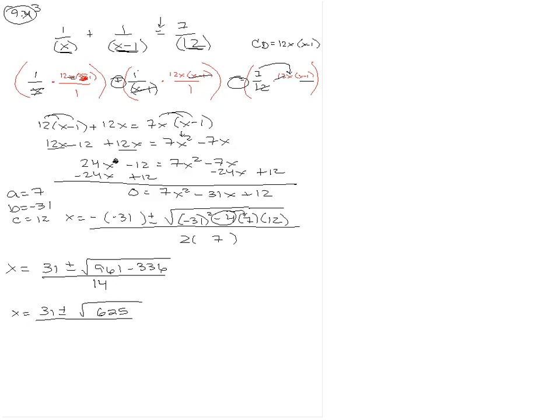All over 14. Now, 625 is a perfect square. It's 25. So I have 31 plus 25 over 14, and I have 31 minus 25 over 14. This one becomes 56 over 14, which is 56 divided by 14 should be 4.